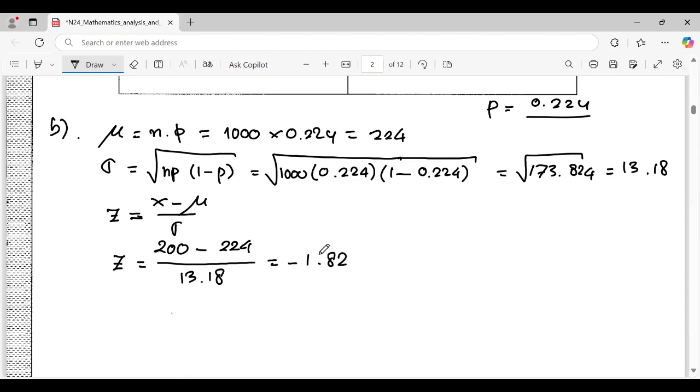Now we evaluate the standard normal distribution table.